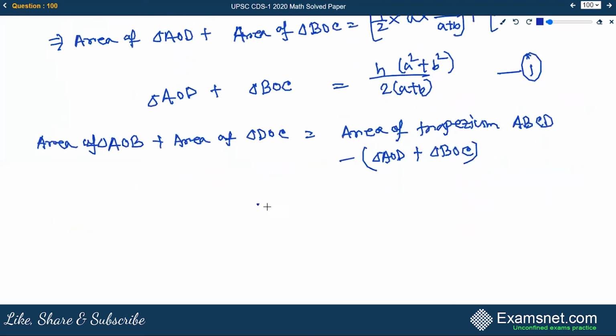We know how to find the area of the trapezium, that is half into height into sum of the parallel sides, right? That means A plus B, and minus here H multiplied by A square plus B square by 2 into A plus B.